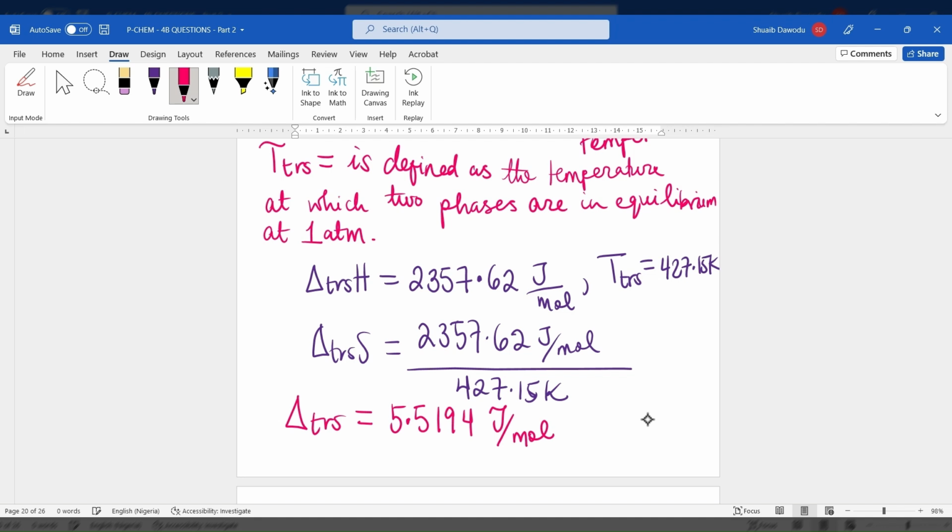And again, we are scientists. We're not going to leave our answer just like that. We have to actually put it in the proper number of significant figures. So the change in entropy of fusion is going to be plus 5.5 joule per Kelvin per mole. So this is the answer to this question.